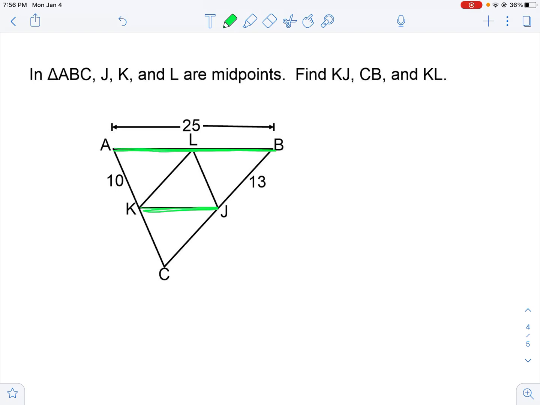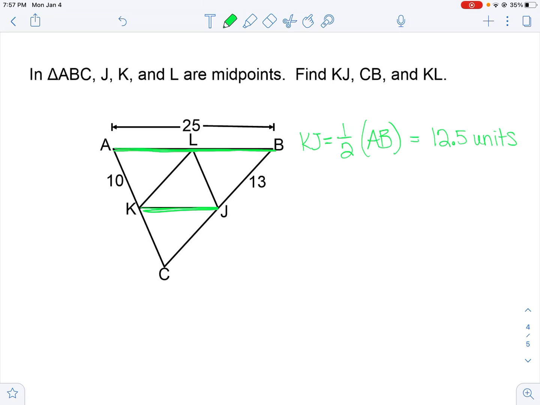AB is 25, so half of AB is equal to 12.5 units. So I should go ahead and put KJ.